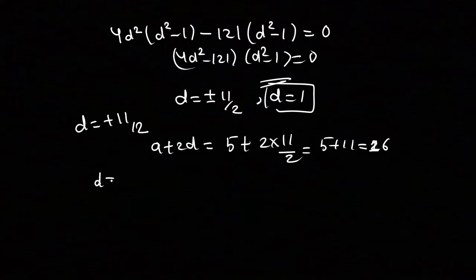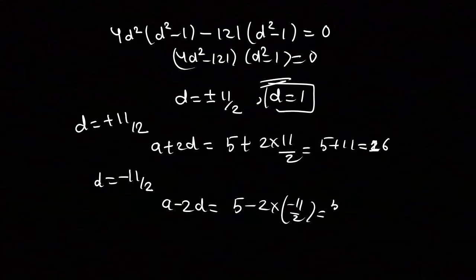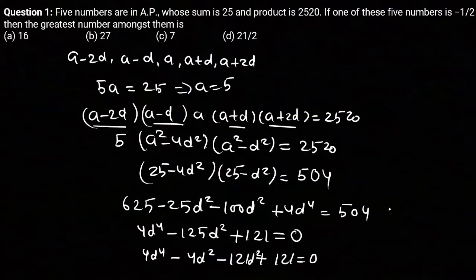And if d is equal to minus 11 by 2, then the greatest number will be a minus 2d, this will become 5 minus 2 into minus 11 by 2. So we get the same answer, 5 plus 11, that means 16. So option A is correct.